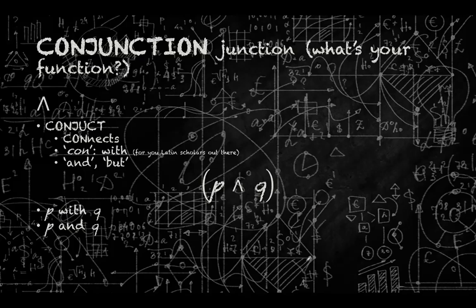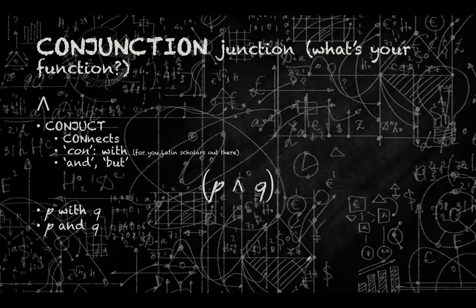Okay. So if I had proposition P, if it was JP is a boy, and proposition Q was Lucy is a girl, then JP is a boy and Lucy is a girl. So it's basically an equal sign, but with, no, it's not an equal sign because JP is a boy does not equal Lucy is a girl.